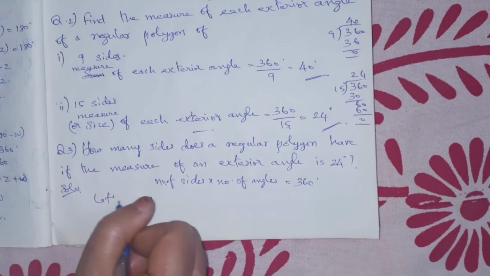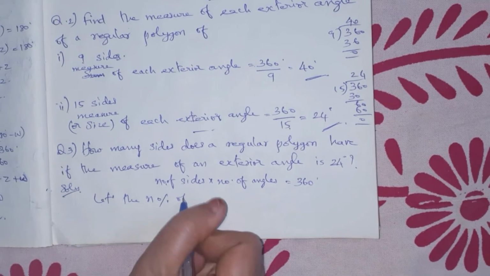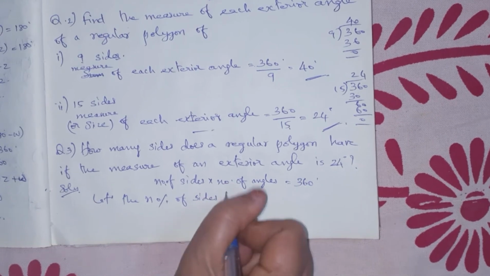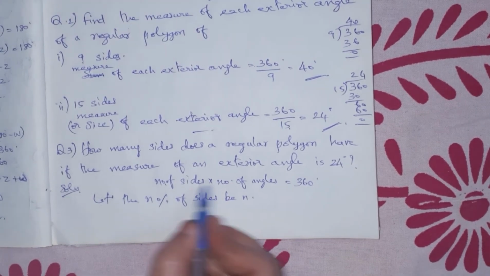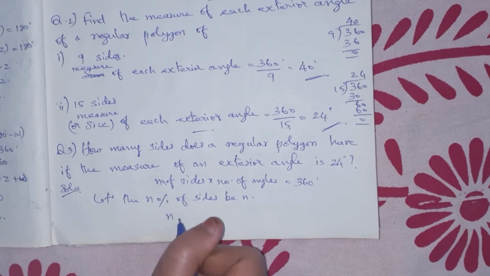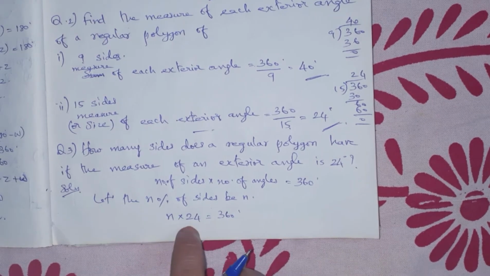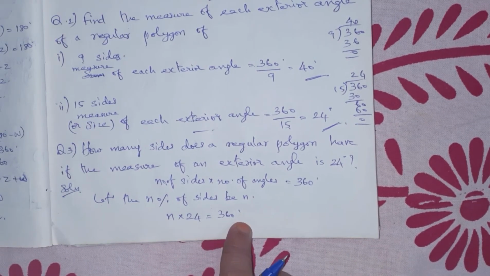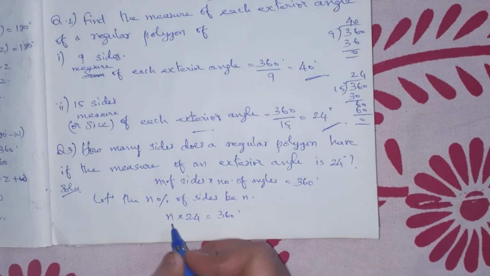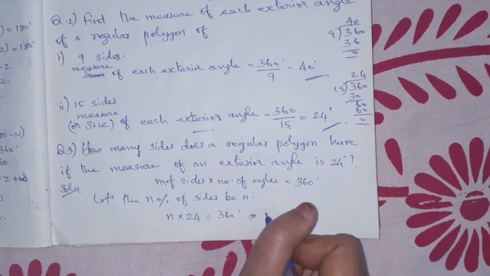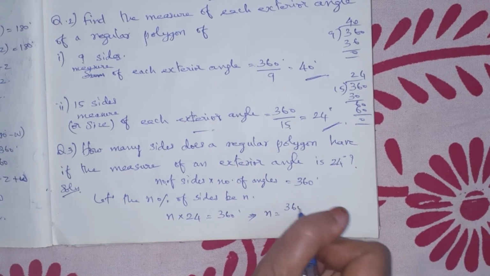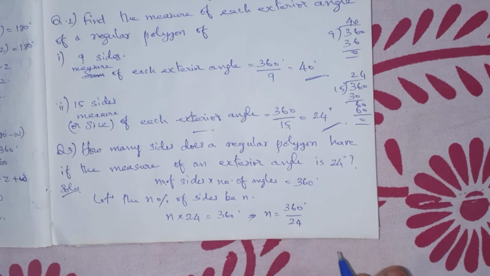Let the number of sides be n. So n into 24 equals 360 degrees. We have to find n, so n equals 360 by 24.